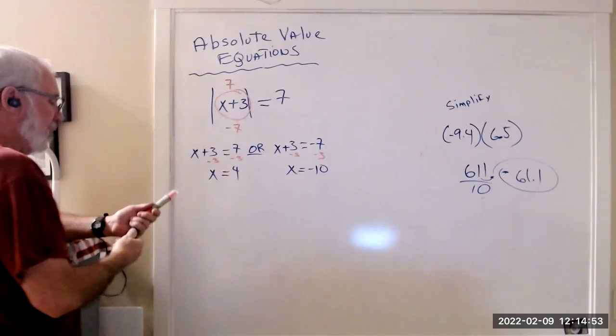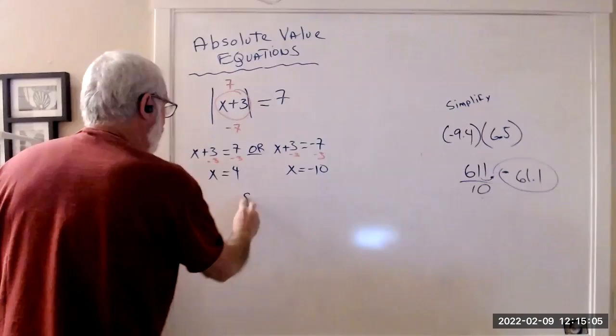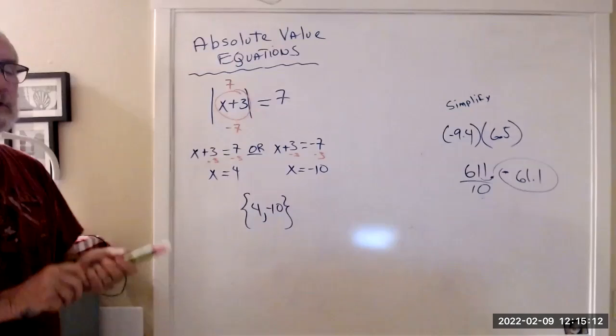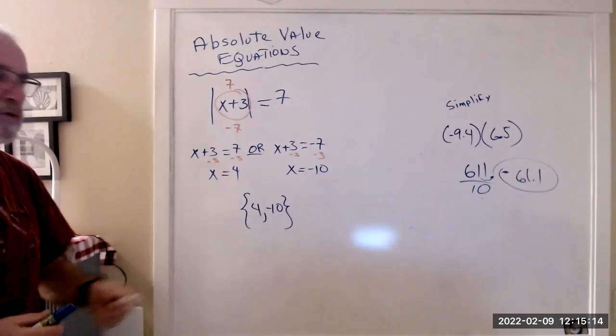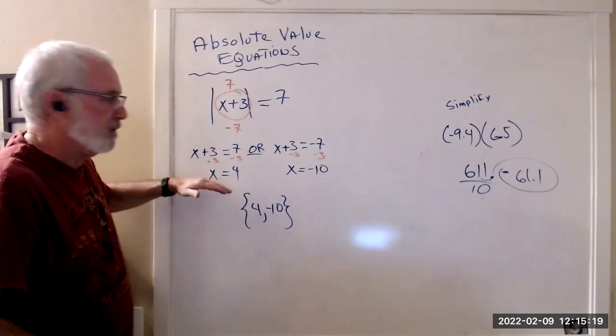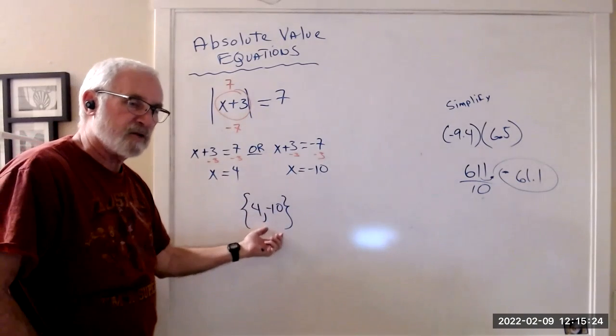So now this problem has 2 answers, and it's really important that you don't just scatter them all over the page. It's really important that you bring them together into one solution set. Remember, this was called the solution set or the truth set. So you take all of these answers that x could be, it could have been 4, it could have been -10, and you bring them into one big answer.